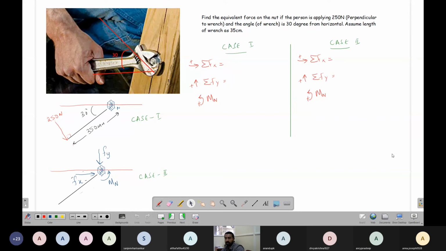Yes, sir. Yeah, Athena, tell me. Sigma F of x equal to 250 cos 60? Cos 60. Interesting. So let's say നമുക്ക് ആദ്യം ഇതിനെ രണ്ട് കോമ്പണന്റ് ആക്കി മാറ്റണം അല്ലേ?